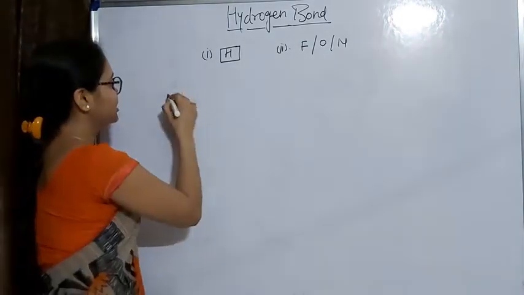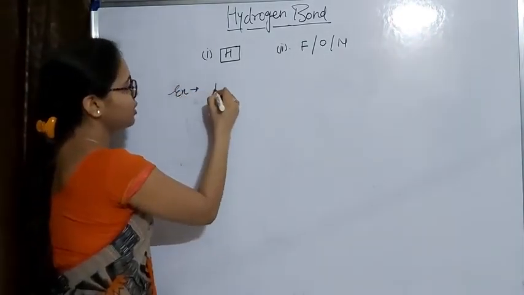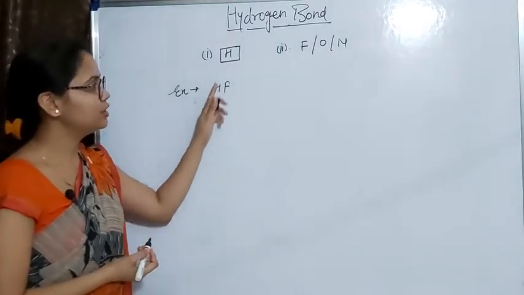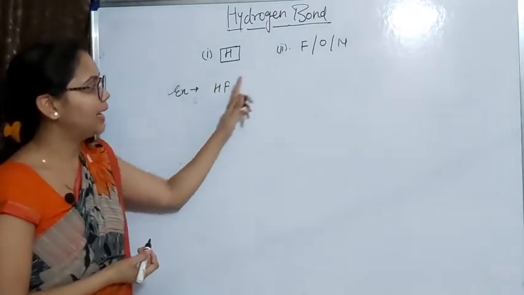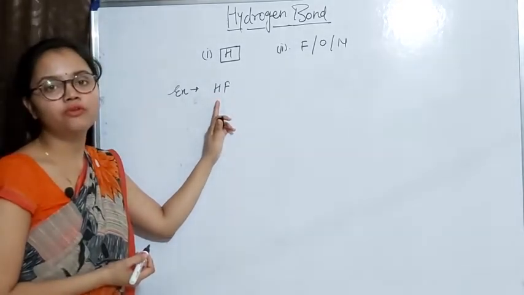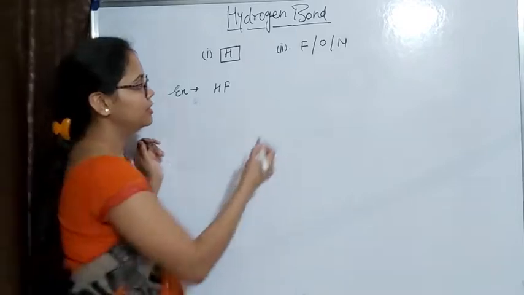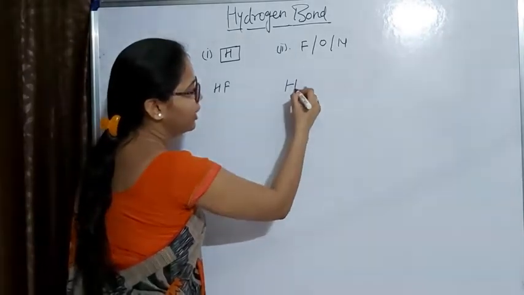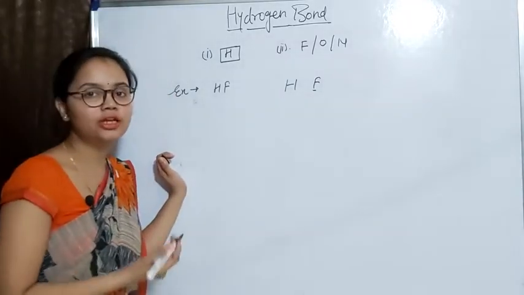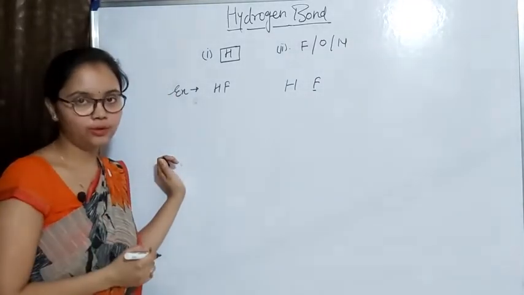So first of all, let's take one example of HF. In this molecule, as you can see, hydrogen is present and one highly electronegative element is also present. So definitely this molecule will form hydrogen bond, okay? Now let's see how. About HF, we know that the electronegativity of fluorine is much more than hydrogen.